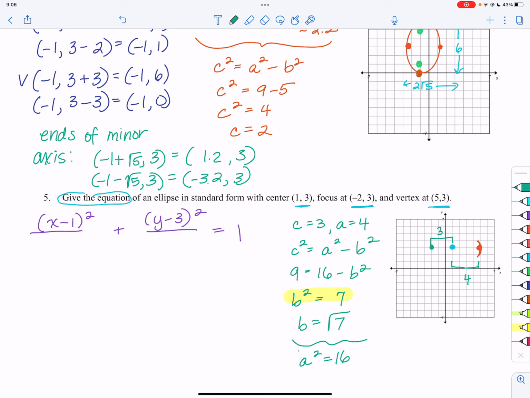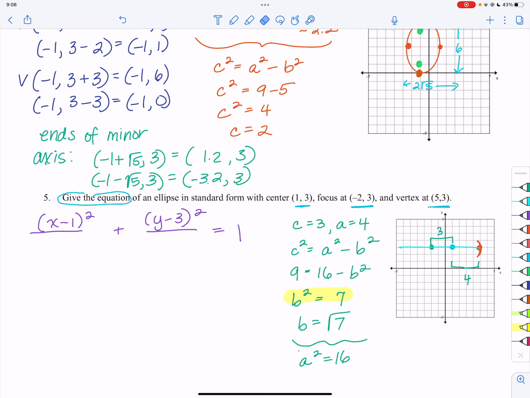Okay, so we know that we must have a horizontal line for the major axis. And if that's the case, then A squared belongs underneath the x squared term.